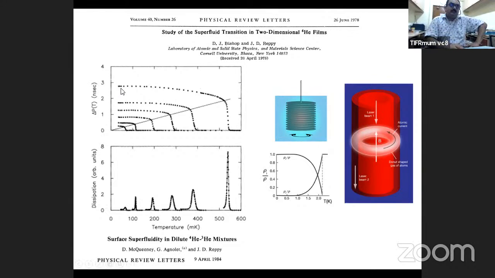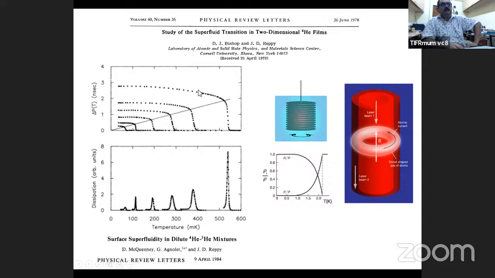The many curves that you are seeing are for different numbers of layers of helium. Exactly how many monolayers is difficult to detect, but probably this is one monolayer, two monolayers, three monolayers, and so on. Now what you see is that the superfluid density is practically constant.